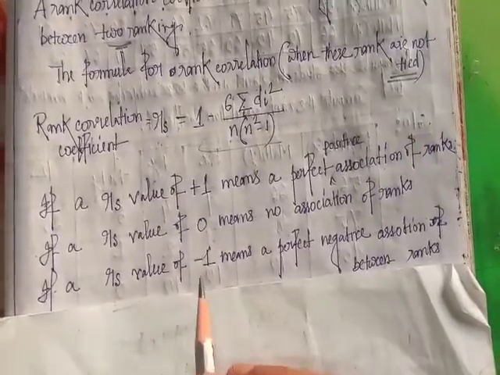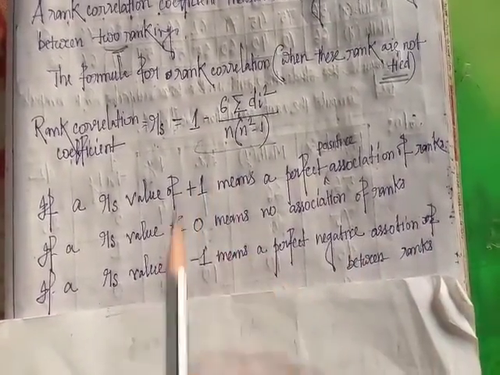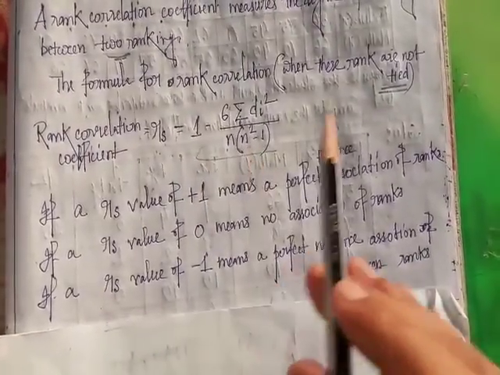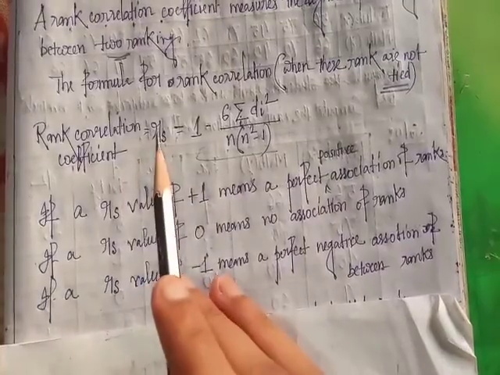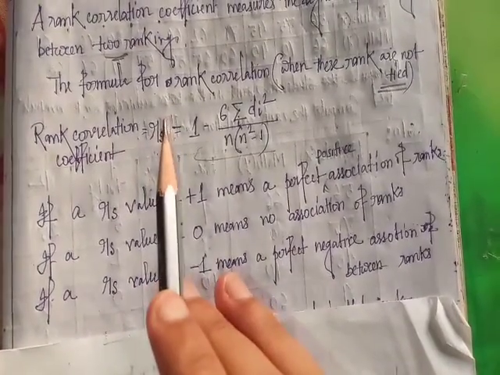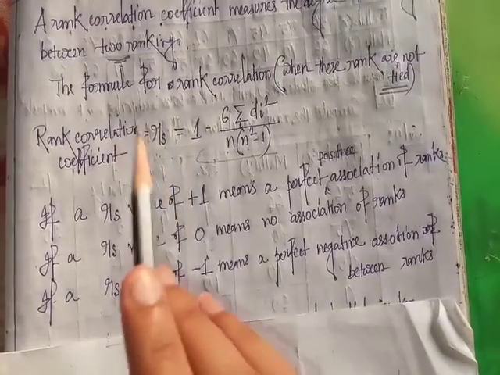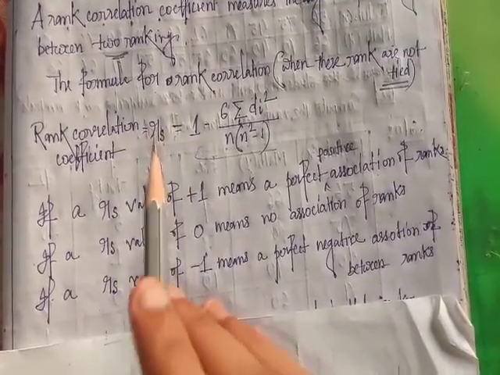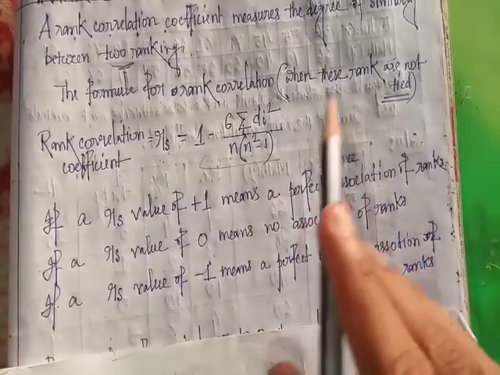If Rs takes value minus 1, that is called perfect negative association of ranks. This is the formula for when the ranks are not tied, and Rs denotes the rank correlation coefficient.